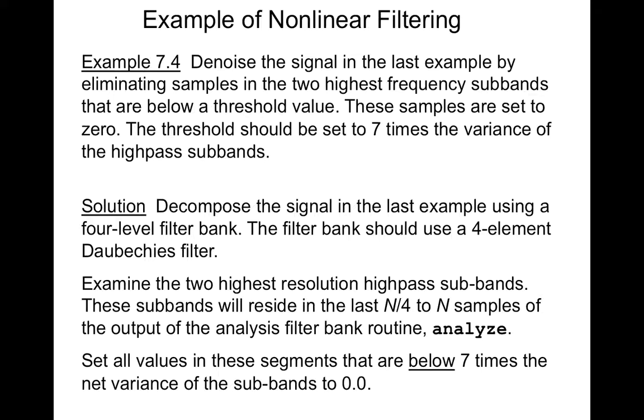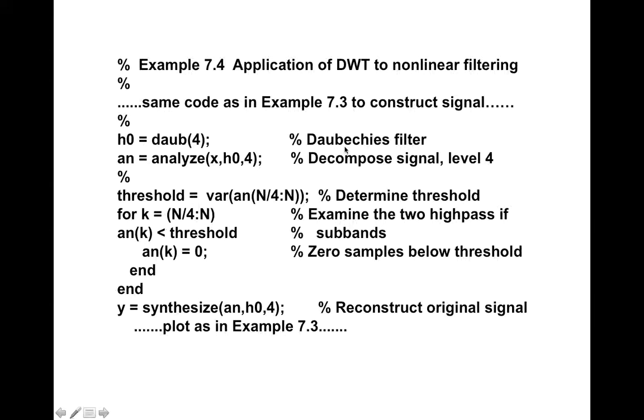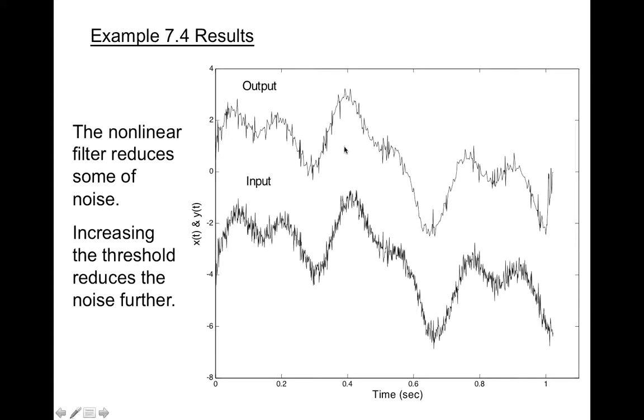So in an actual data analysis, you might set your MATLAB code to loop and see what happens as you change this threshold value. So here's an example of what happens when you do that. You can see that the noise has been decreased fairly significantly.